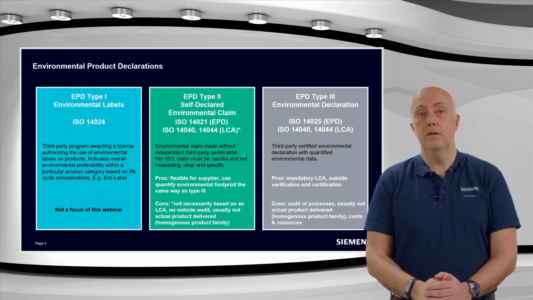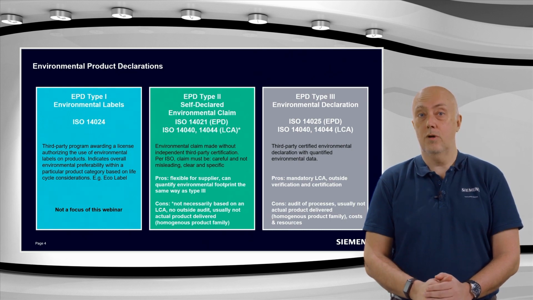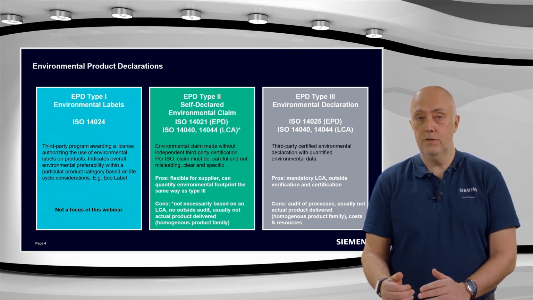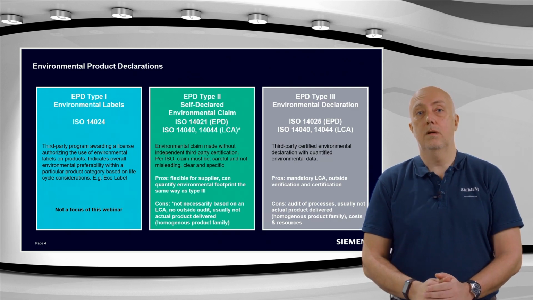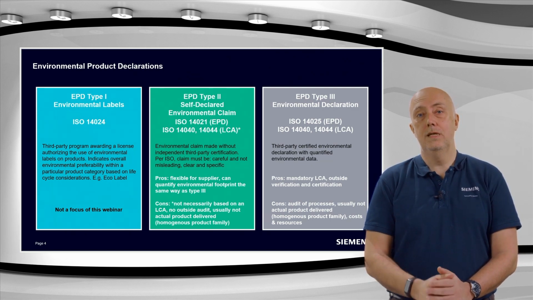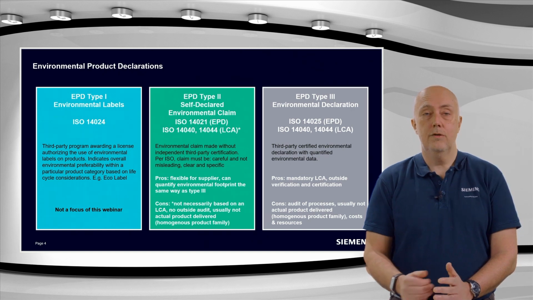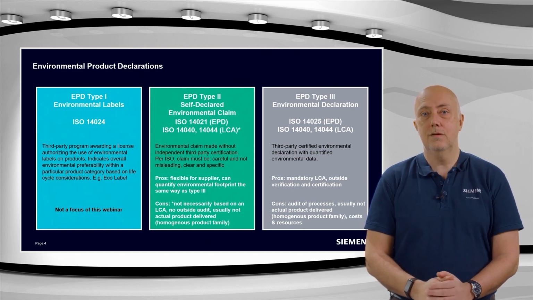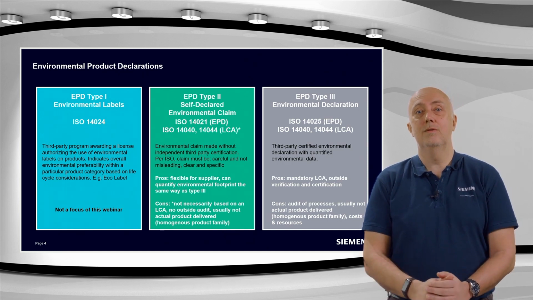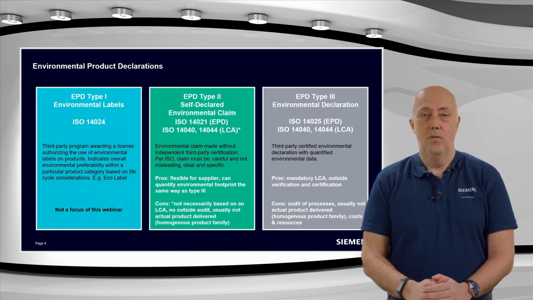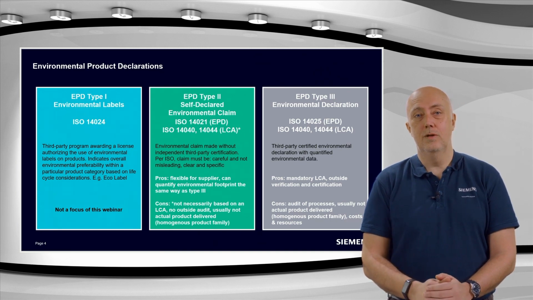Currently in Siemens, the preferred type of communicating to customers, consumers, and other parties about our products' environmental performance is an EPD type 2, always including a life cycle assessment according to the mentioned standards. So we have chosen this approach because it guarantees a high degree of flexibility from our side by ensuring also compliance with the applicable international rules and regulations while incorporating the latest knowledge and technologies from our side.